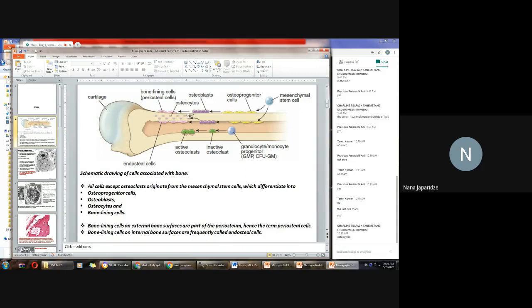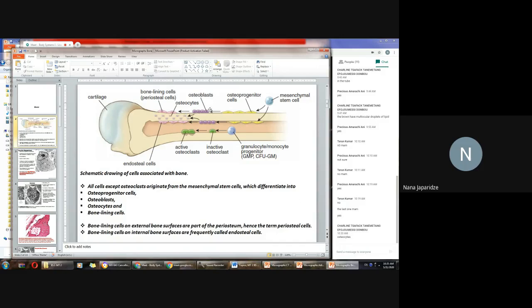Osteocytes are also able to produce extracellular matrix. They also are able to degrade this matrix in a small amount, which is very effective for calcium release when such a need exists in the human body.